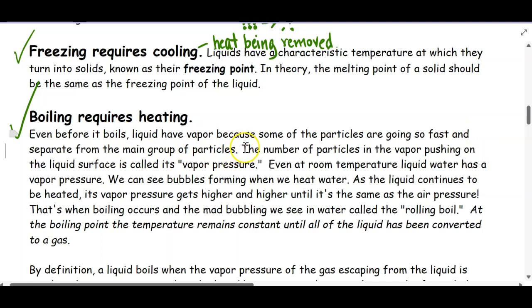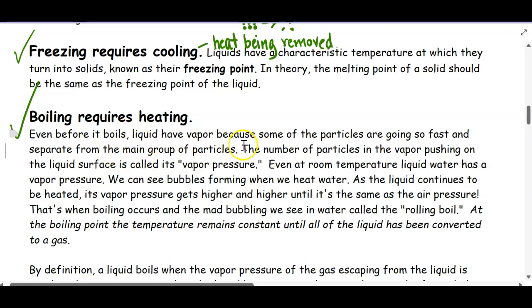So remember when we talked about kinetic energy, we said that the average kinetic energy is the same of all the particles. Average. But some of the particles are going very slow because they're changing directions after they hit the wall, and others are going much, much faster. All right. So it's these super fast particles that are able to separate from the main group of particles and go into the vapor state.